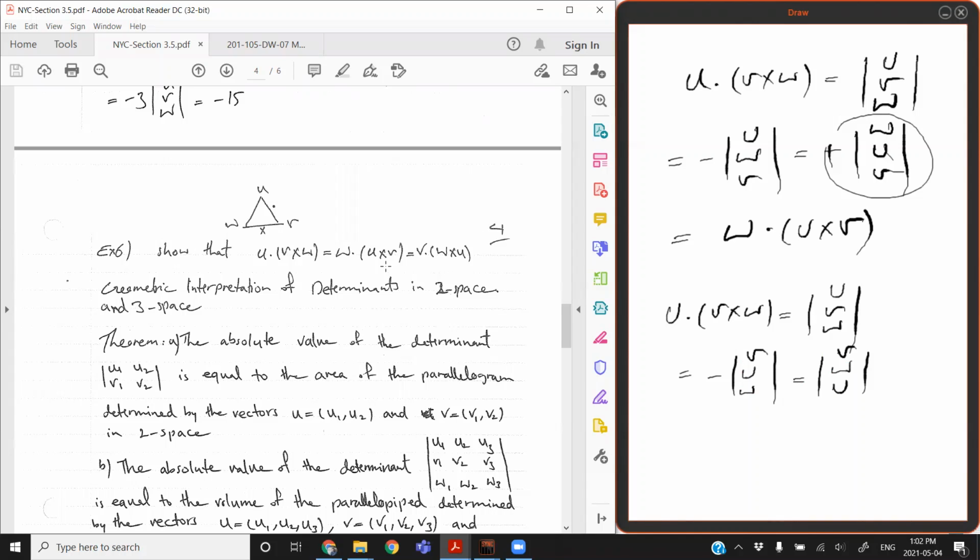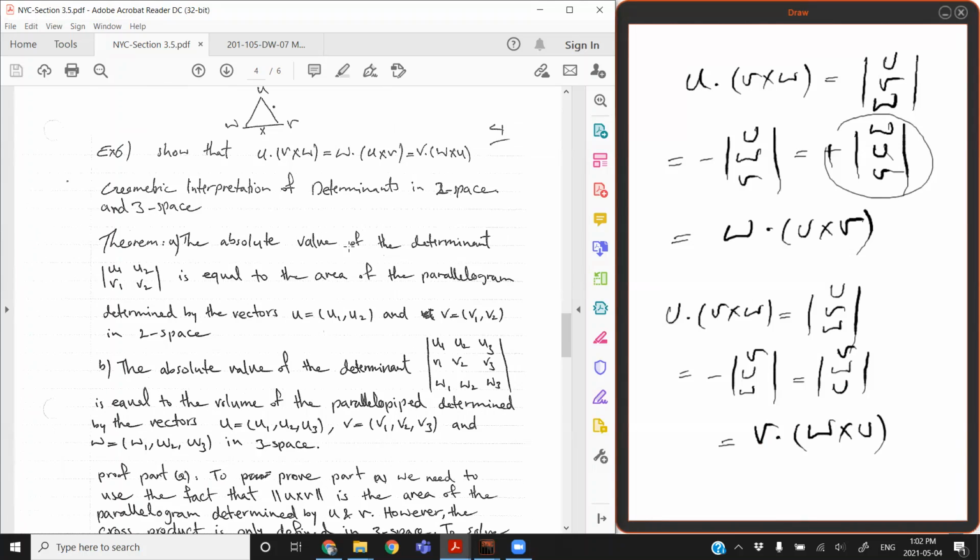So now since I have done two swaps, again, determinant does not change. But if you look at this one, this is like having V dot W cross U. So I get this. Okay.